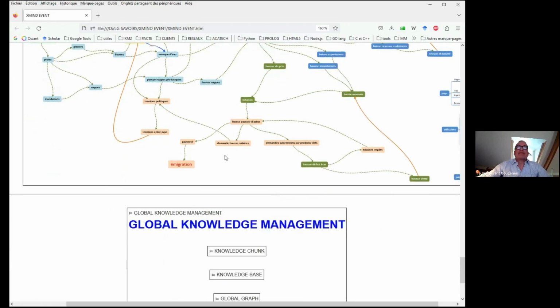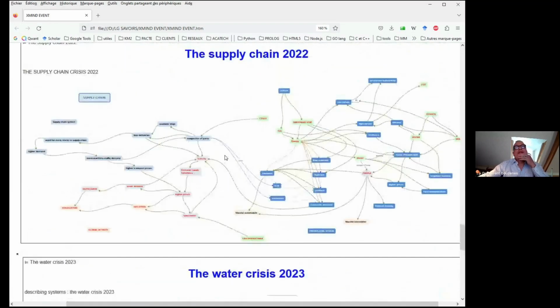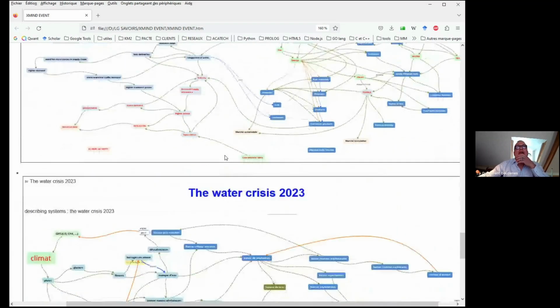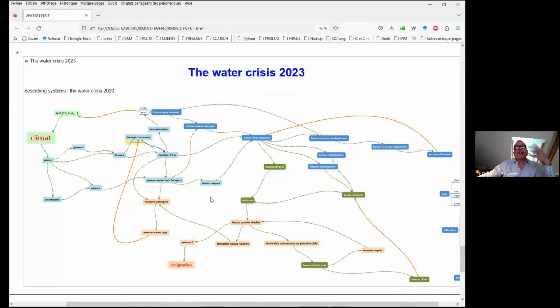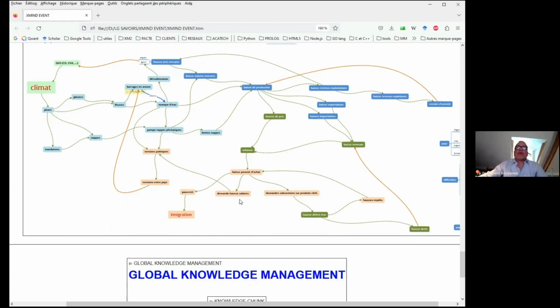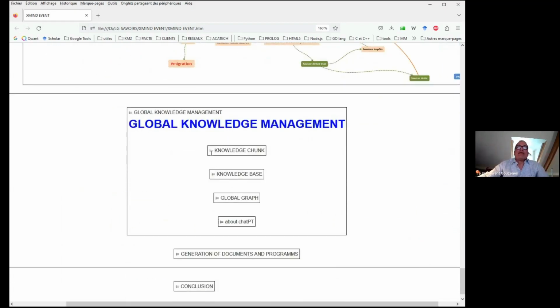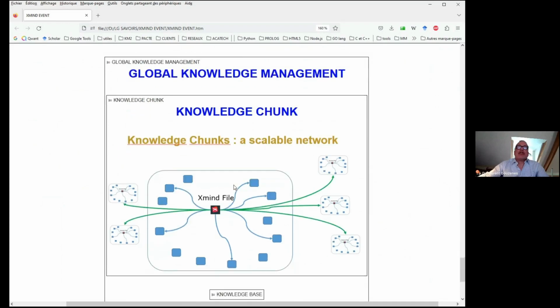I will show you. For 15 years, I have tried to understand the world, and everything I work on is stored in maps. I have 500,000 nodes like that, which are all connected together, and I will show you how. I use what I call a knowledge chunk.